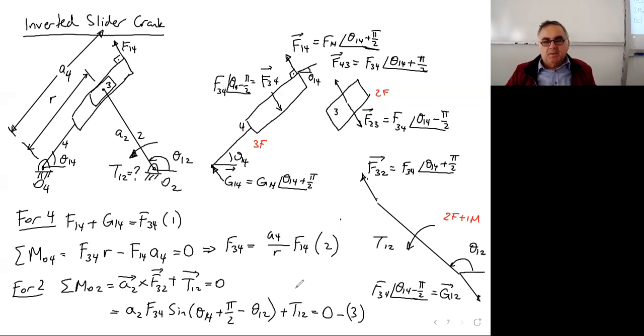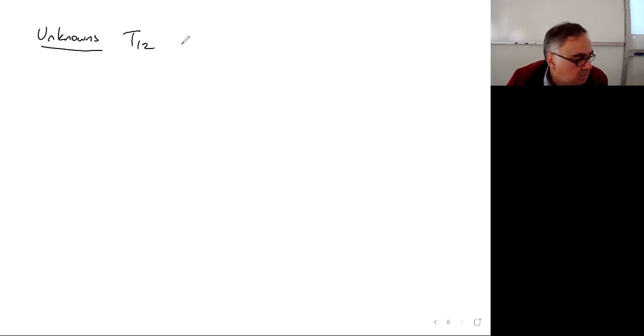Okay. Well, we have 1, 2, 3, 3 equations. And what are our unknowns? Let me write the unknowns. Let's write it on a new page. Unknowns are as follows. T12 is an unknown. F34 is an unknown. I have isolated everything. And G14 is an unknown.